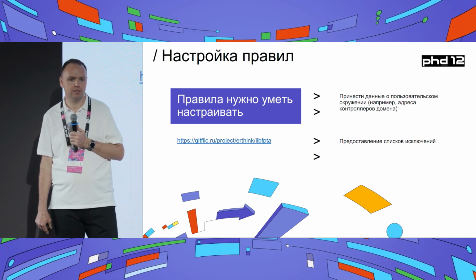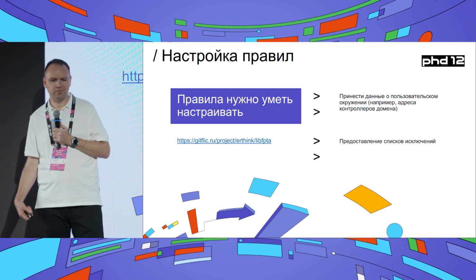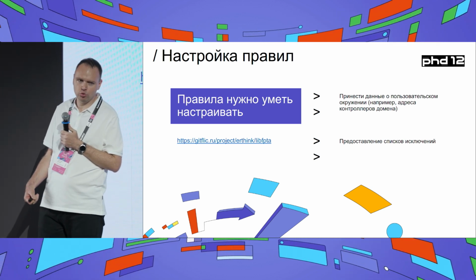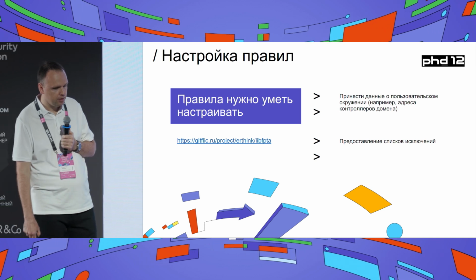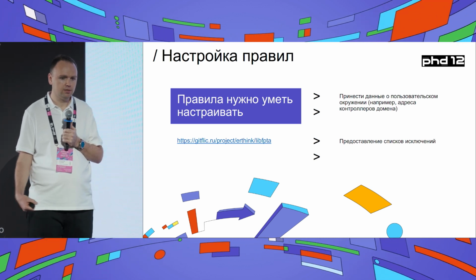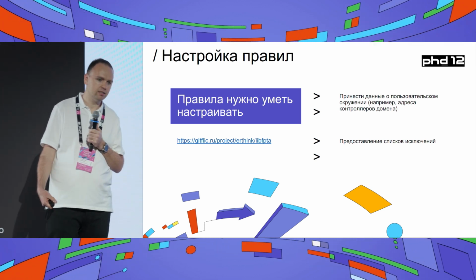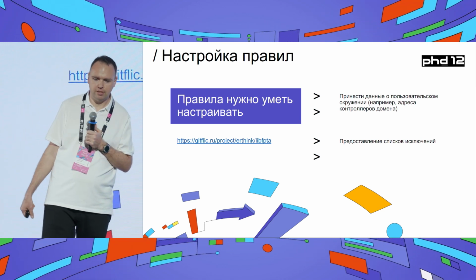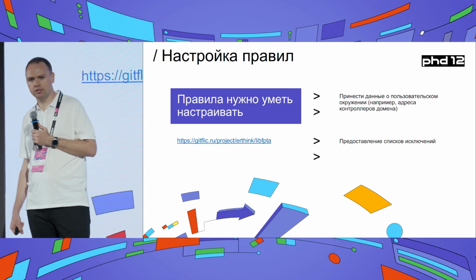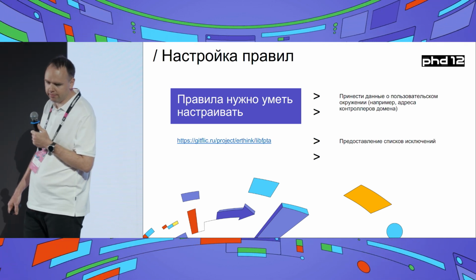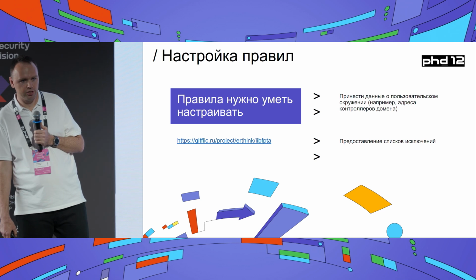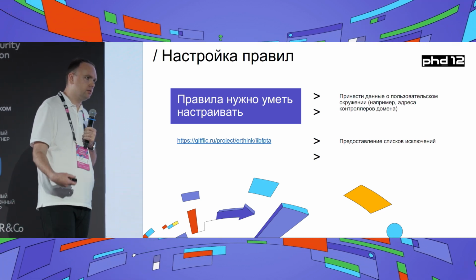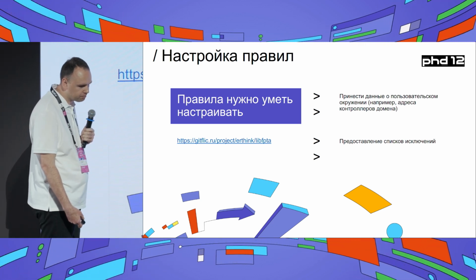Rules also have to be tuned. The problem is that many rules require additional information to work correctly in the customer's environment. If a user starts editing rules on their own, we lose the opportunity to provide out-of-the-box expertise to them.